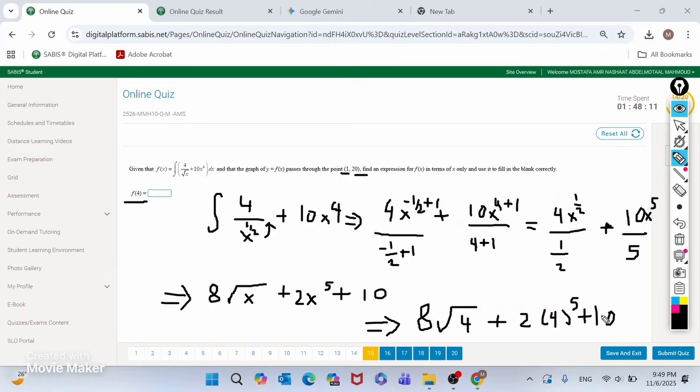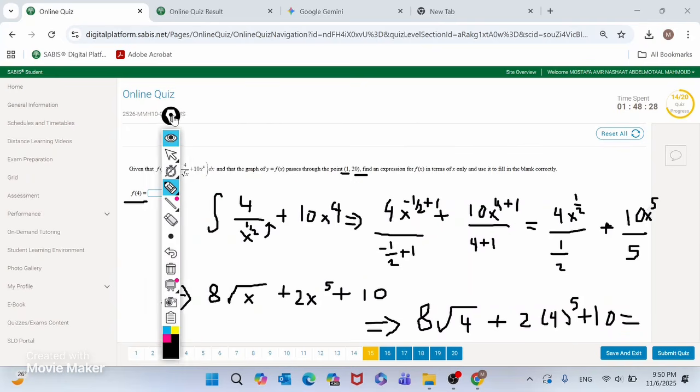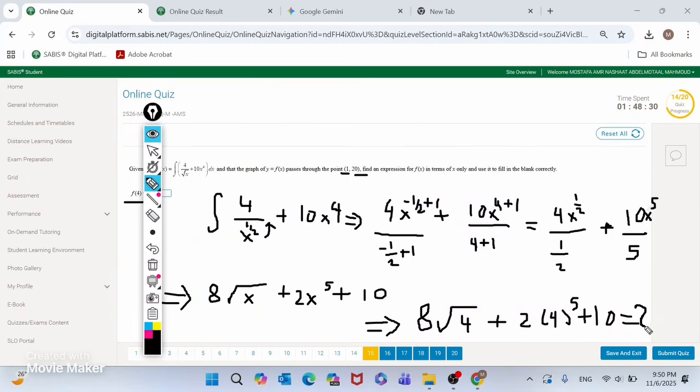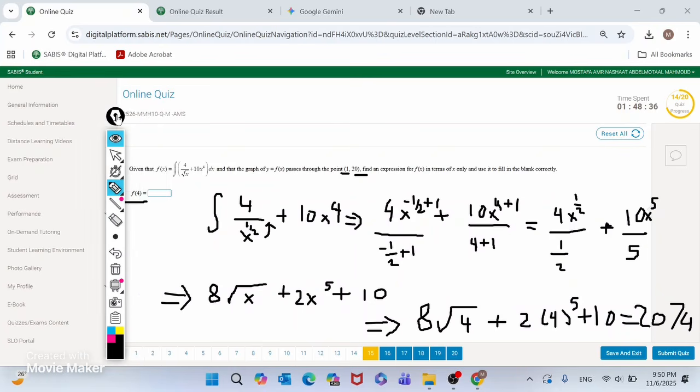Put it on your calculator. 8 root 4 plus 2, 4 to the power of 5 plus 10. You get 2074.